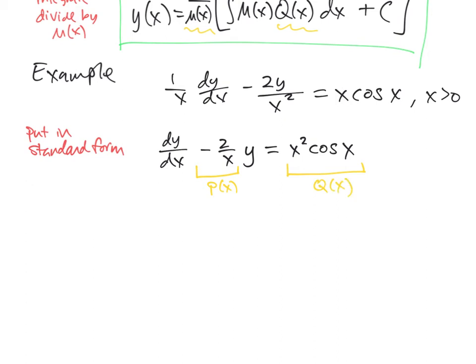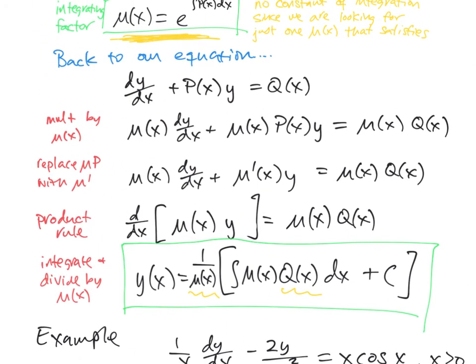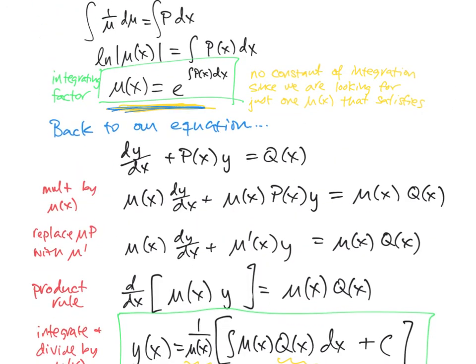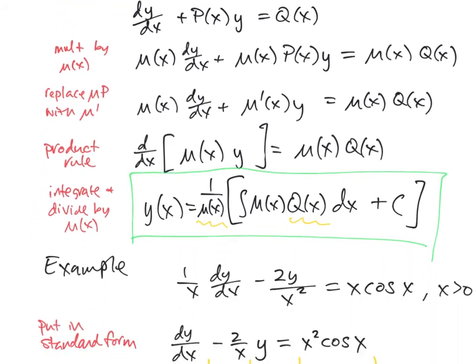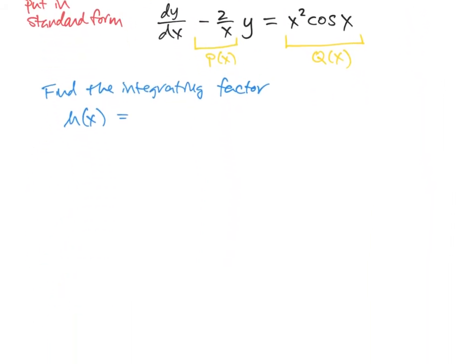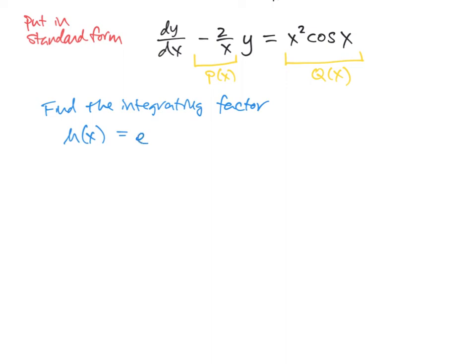So with this, we want to find the integrating factor, and that is mu of x. And remember, that's this equation right here: e to the integral of p of x, so e to the integral of negative 2 over x dx.